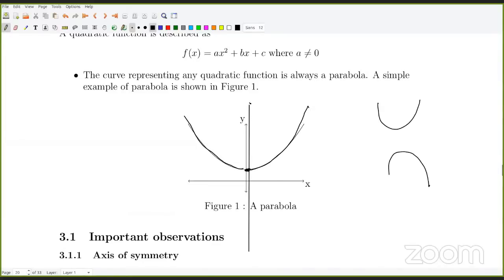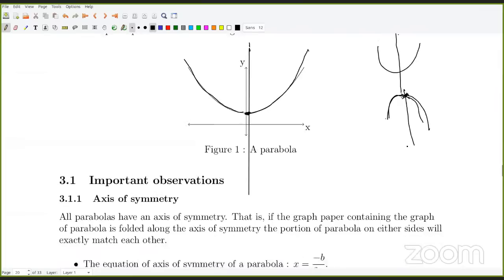If you think of this line as a mirror, this is the mirror image of this. Even here there will be an axis of symmetry. And this axis of symmetry passes through the vertex of the parabola. The vertex is the peak point. For an upward parabola, the lowest point is the vertex. For a downward parabola, the topmost point is the vertex.